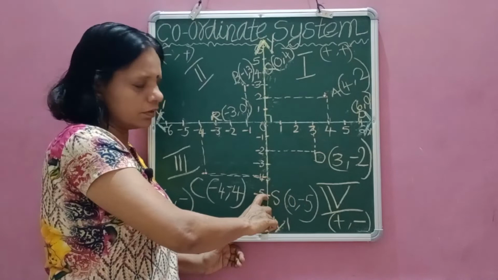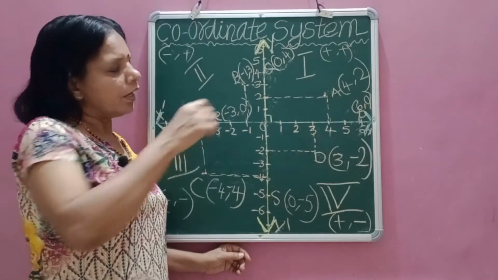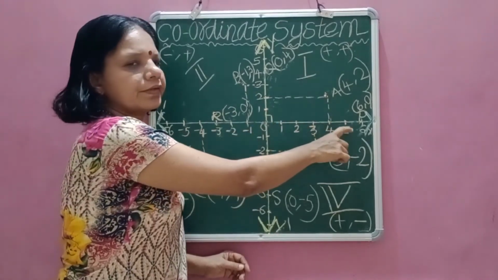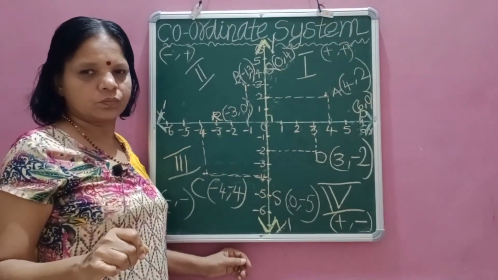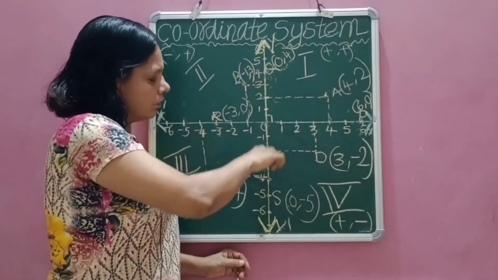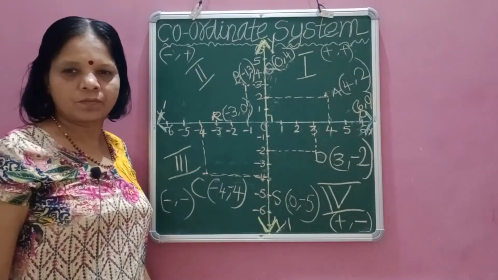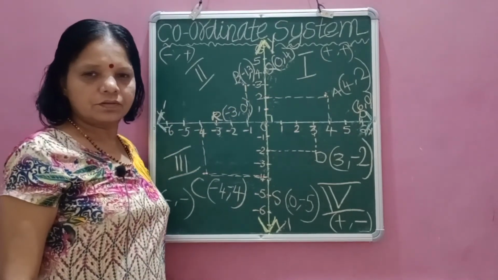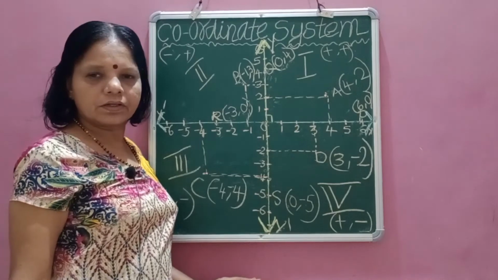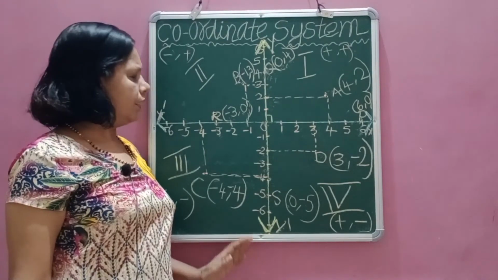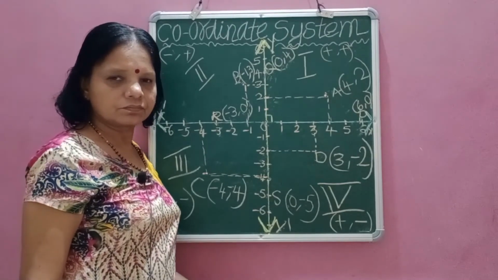It is on the y-axis. So what can you see from this? For any point on x-axis, the y-coordinate is 0. And for any point on y-axis, the x-coordinate is 0. That is a property. Understood? Any point on the x-axis, y-coordinate is 0. Any point on y-axis, x-coordinate is 0.